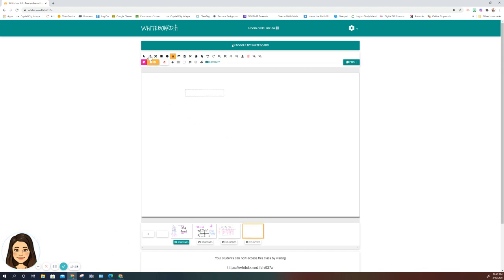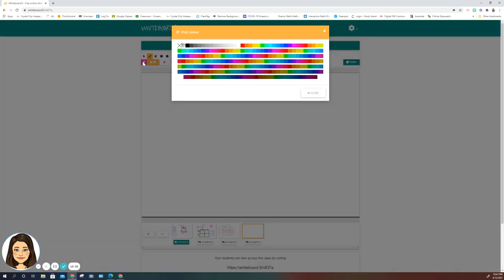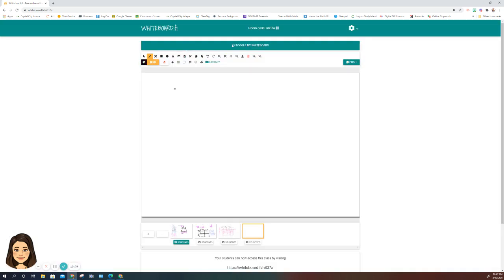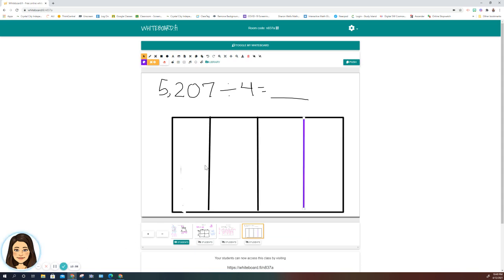Okay, let's go ahead and do one more problem with division using the box method. And let's do 5,207 divided by, let's try 4. And we're going to do the box method. I'm just going to draw it out. So we're going to divide 5,207 divided by 4.